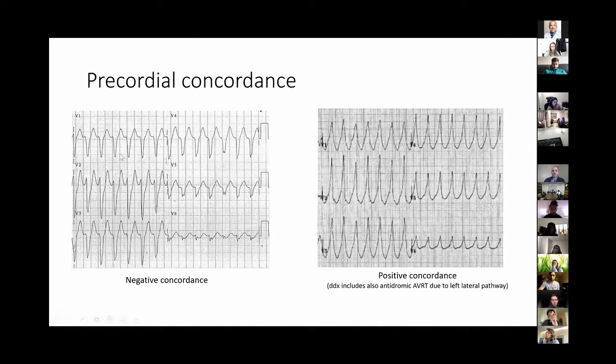It means that across the precordial leads, all the QRSs have the exact same polarity. If it's negative concordance, all the QRSs are negative, and if it's positive concordance, all the QRSs are positive. With positive concordance, what I want you to remember is that one differential diagnosis that is very typical and is not VT is antidromic AVRT due to a left lateral pathway.